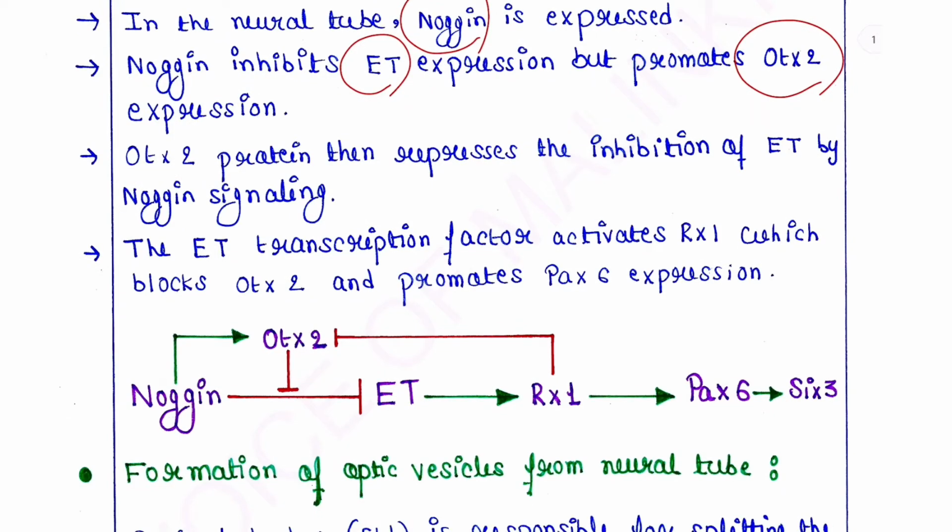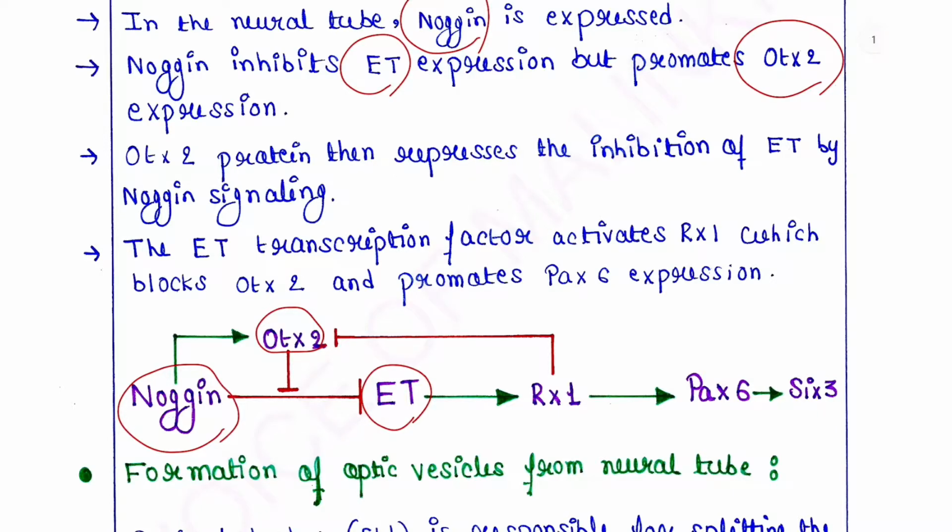So here we will see that noggin is basically inhibiting ET, and noggin is promoting OTX2 expression.